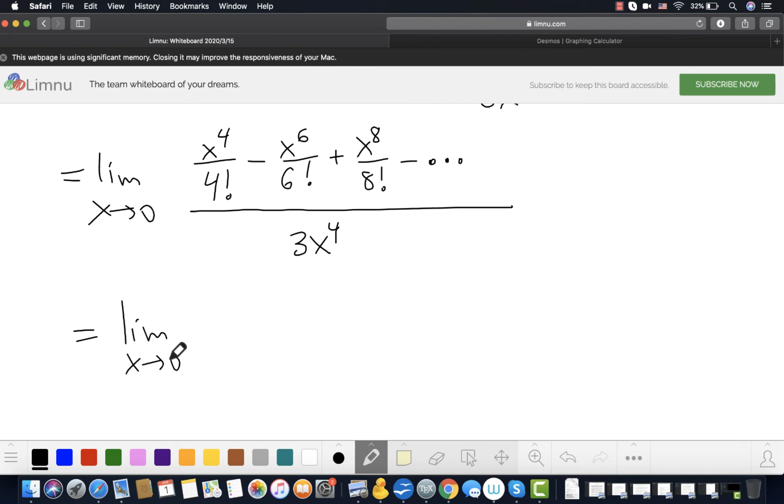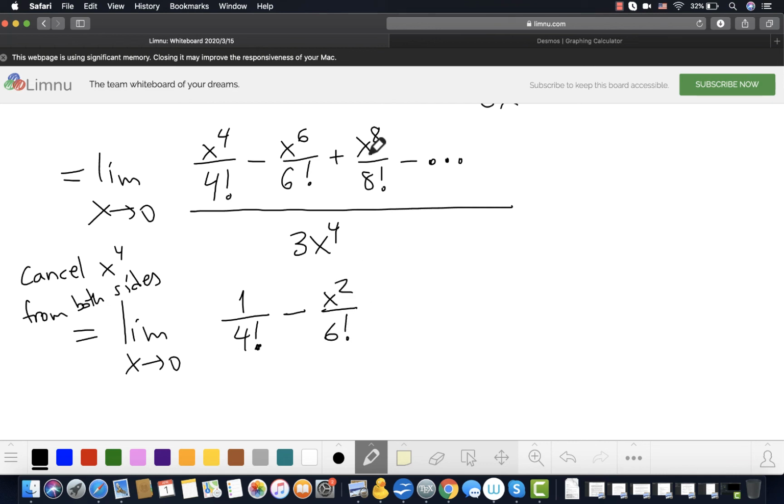So in this step, going from here to here, I'll cancel x to the fourth from both sides. The x to the fourth at the top becomes a 1, so we get 1 over 4 factorial, minus x to the 6, which you divide by x to the fourth and just get x squared over 6 factorial.